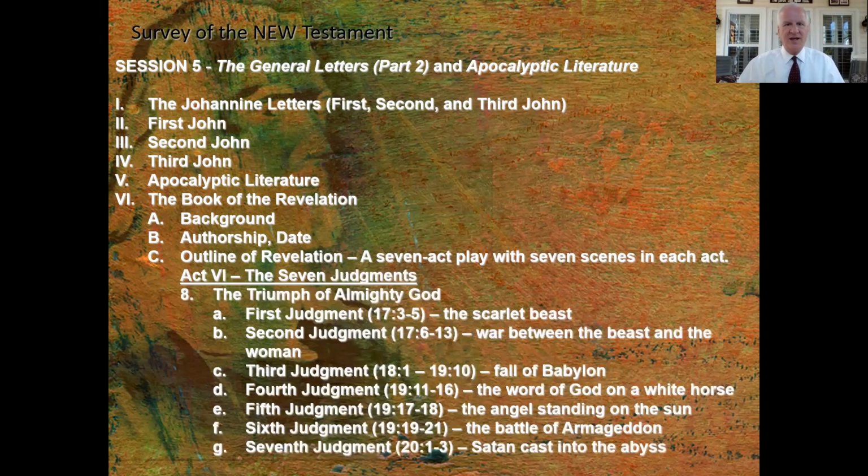The sixth act are the 7 actual judgments of Almighty God. And you can see that the final of the 7 judgments is when Satan was cast into the abyss. Satan is finally and forever banished and defeated.